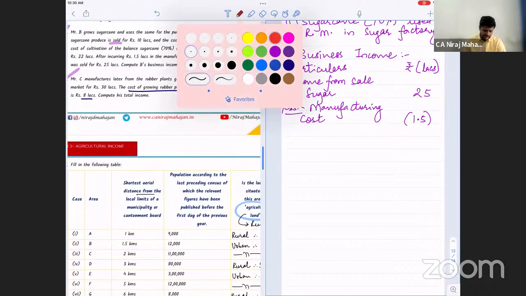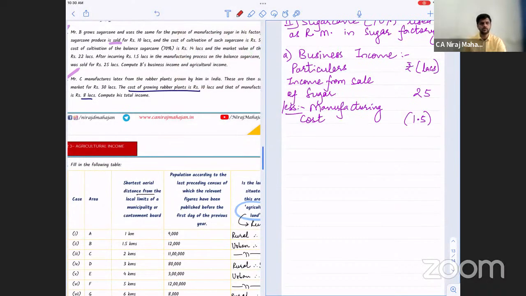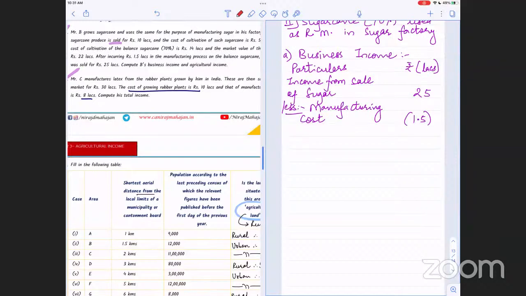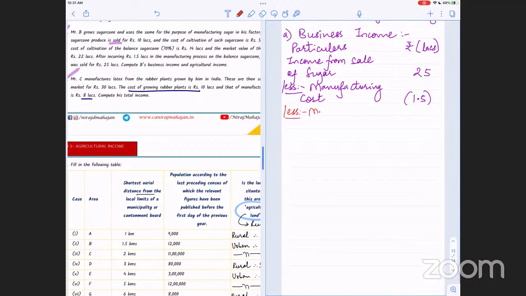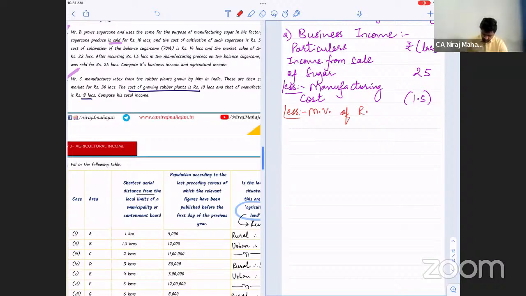Next one is important, which you should not make a mistake on, because that is the most important point of this Rule 7. What should I reduce now? Come on, I'm telling you now the third or fourth time. What should I reduce now? Market value of raw material. Very good. So less market value of raw material. Obviously, which raw material? 70% only.